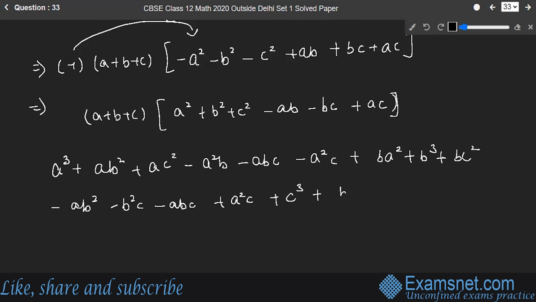So this will be B square C minus ACB minus BC square minus AC square.